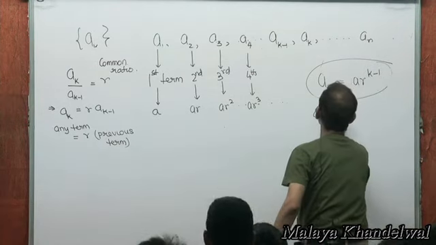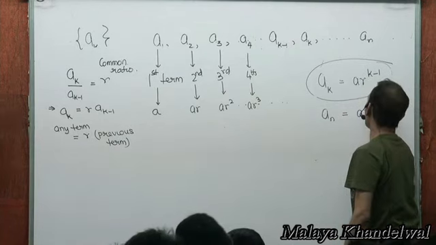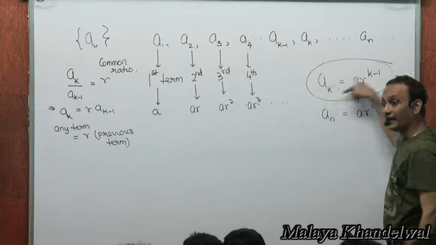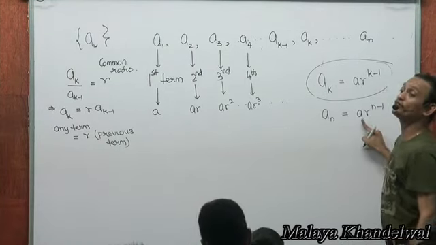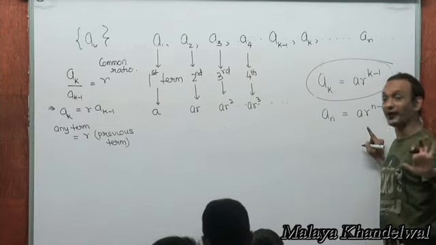The nth term of the sequence is going to be the first term A into R to power N minus 1. Put K equal to N, you will get the nth member of this collection of terms with common ratio R, first term A. Yes or no? Yes, no confusion about this, right?